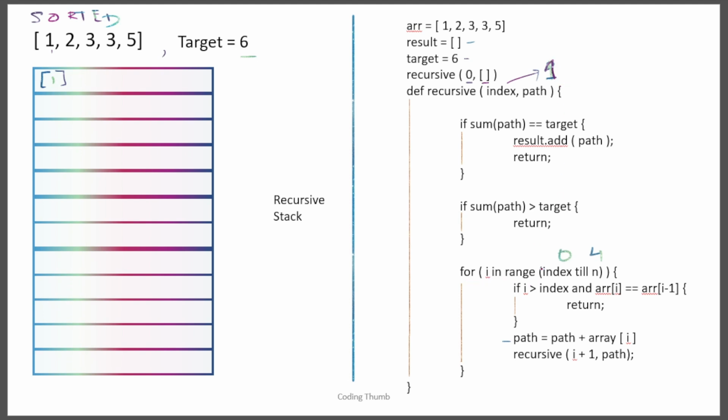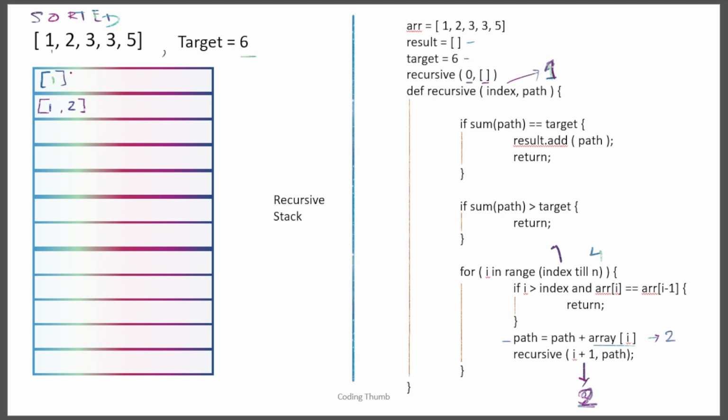Now, when it comes back to this for loop, it runs from 1 till 4, and my path already is 1 here. So I add the array of I, which is 2, to my path. So now in my recursive call, my path becomes 1, comma 2. Similarly, I again call the recursive function, and now the index value becomes 2.